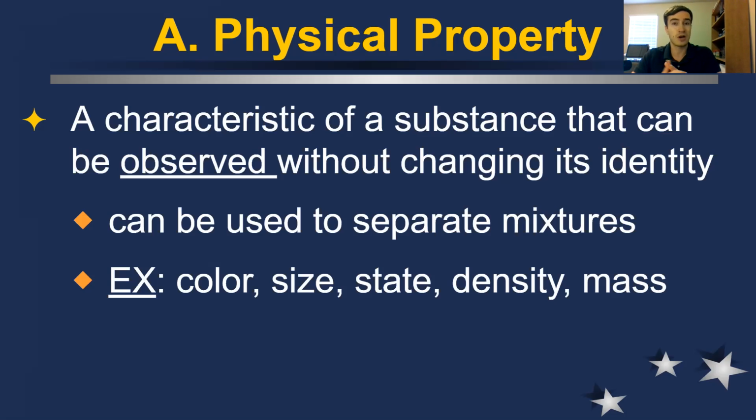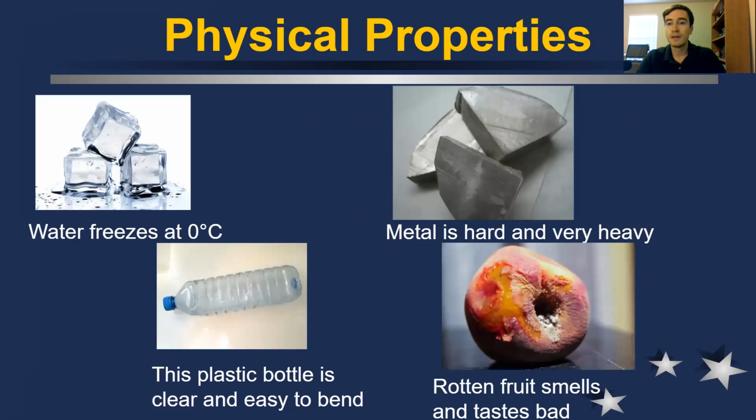Anything that you can use to describe how an object looks and feels and behaves is a physical property. So, for example, with water, one of its physical properties is not only whether we're looking at solid water or liquid water, but also what temperature it freezes at.